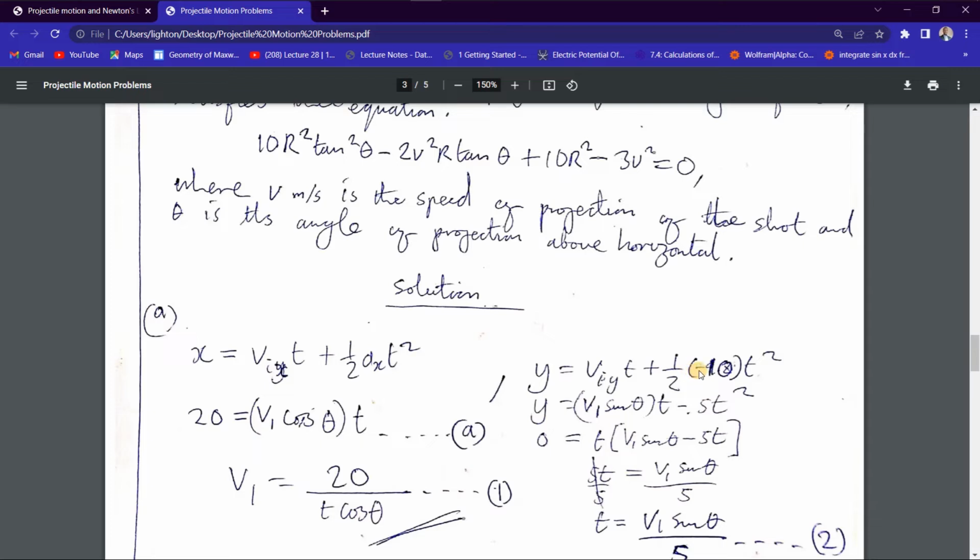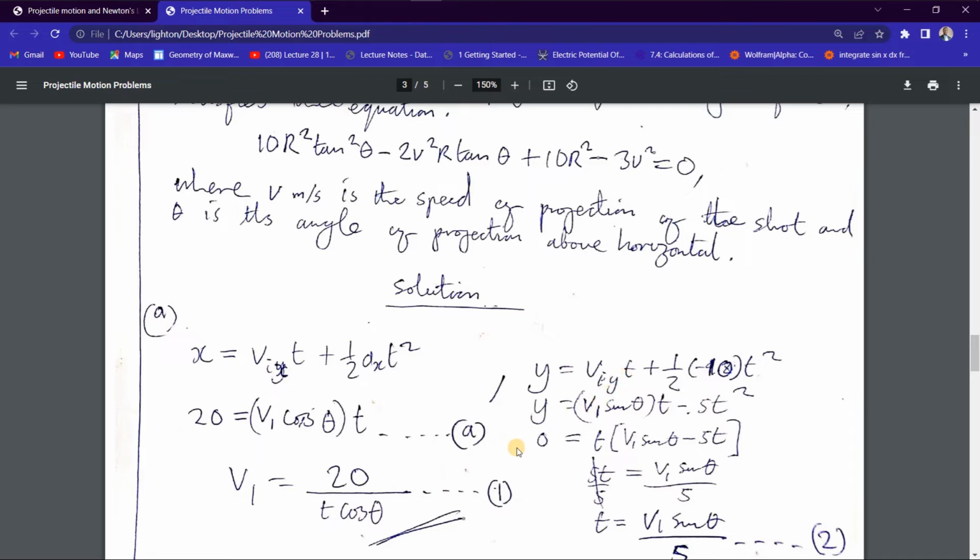The minus is showing that acceleration due to gravity is acting in the opposite direction to our positive axis. So since these two can divide with the 10, we have minus 5t squared there. And Viyt is just Vi sine theta times the time.